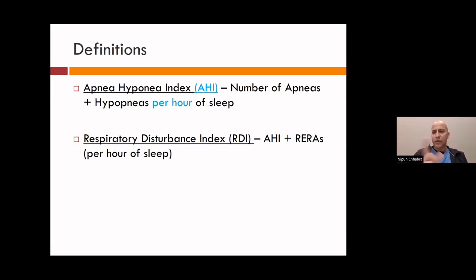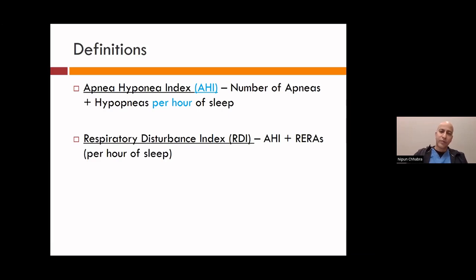And this is what I was alluding to before. When we look at what the question is asking and what data comes out on the PSG, we need to understand exactly what the crux of the question is and what kind of information we're trying to gather. For patients that have OSA, obstructive sleep apnea, or central sleep apnea, we're more focused on the AHI, which is the number of apneic and hypopneic events per hour of sleep.